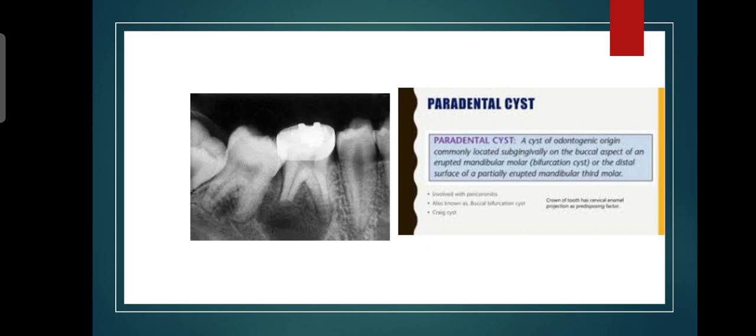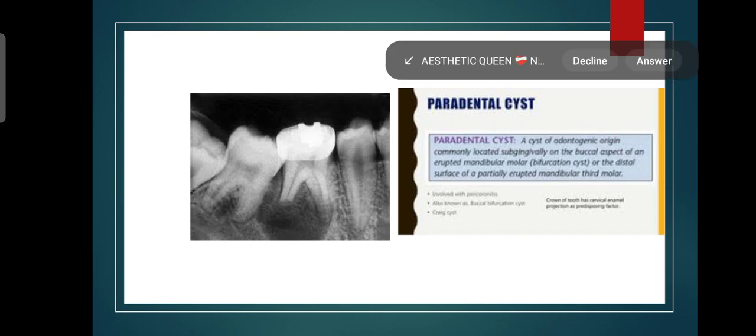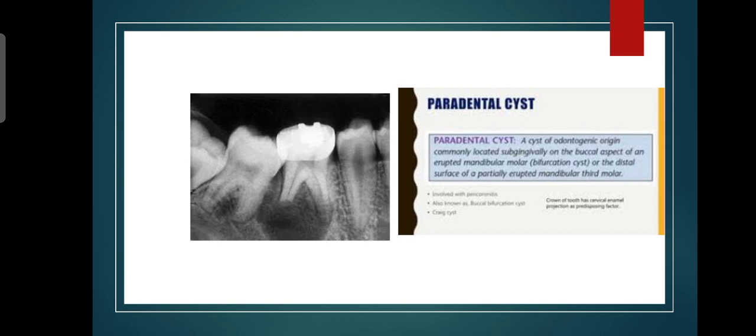It is located subgingivally on the buccal aspect of a mandibular molar or the distal surface of a partially erupted mandibular third molar. It can be in these areas. Here you can see it is a mandibular first molar, and it is near the bifurcation area.